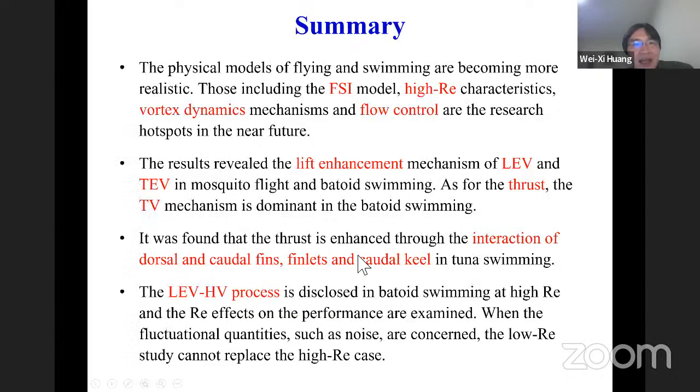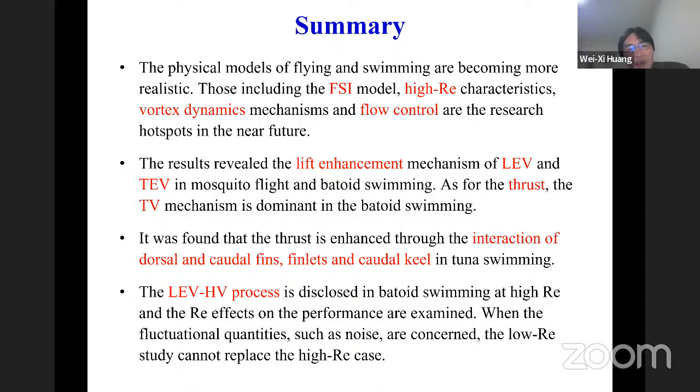As a summary, I'd like to give several words on what we've done. For the three examples, the mosquito flight, the tuna swimming, and the cod swimming, we can see the significant effect of the vortical structures on the lift enhancement and the thrust enhancement.